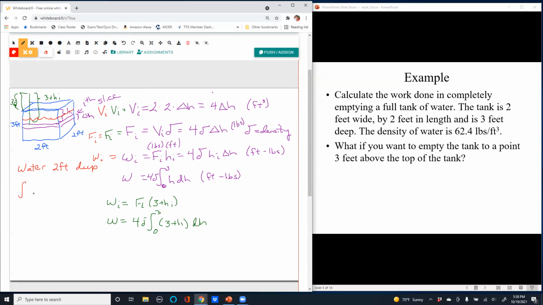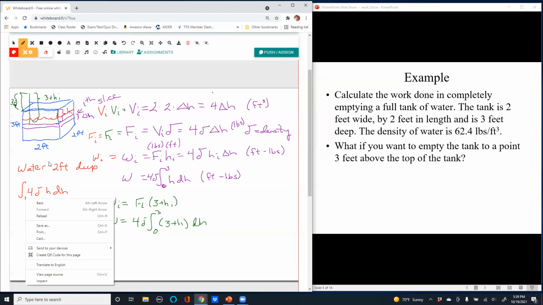So it has the exact same integral, the 4 delta h dh as our first example. Here's what's going to change: the limits. Because what we're integrating over, or what we're slicing, is the water, not the tank. So now our top slice, which is basically my red top of the water here, to get that top slice out, it has to go 1 foot.